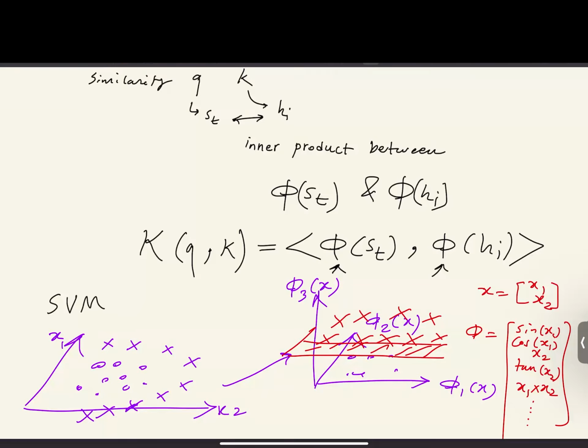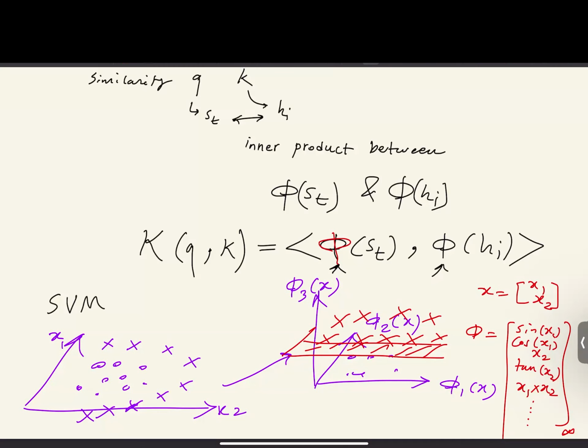How many functions do we have in the world? We have infinite. As long as we can compute the inner product, we are happy. And in this higher dimensional space, things are easier to separate. We can employ linear operations to, for example, separate them, rotate them, and align them together.